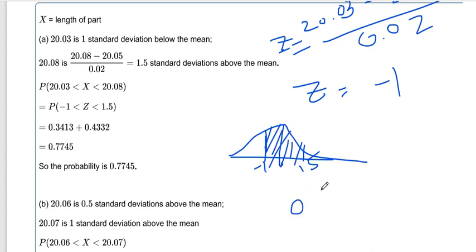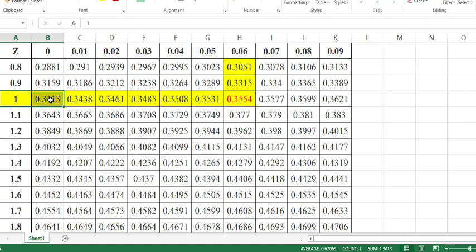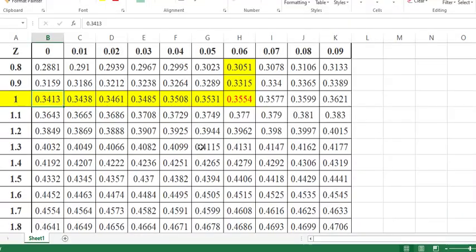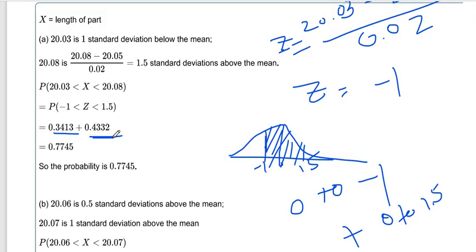So first we calculate 0 to minus 1 plus 0 to 1.5. 0 to minus 1 is the same as 0 to 1. The probability for 1.0 is 0.3413. And from the Z table, 1.5 gives 0.4332. Then by addition we get the probability.